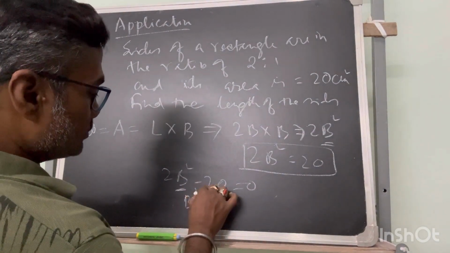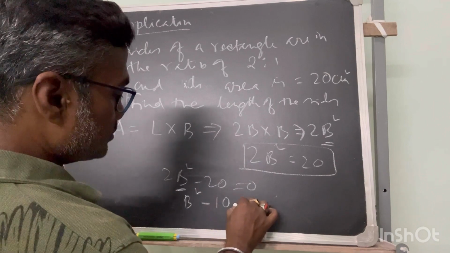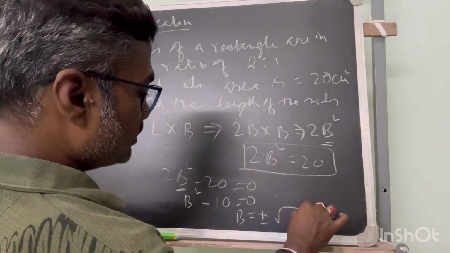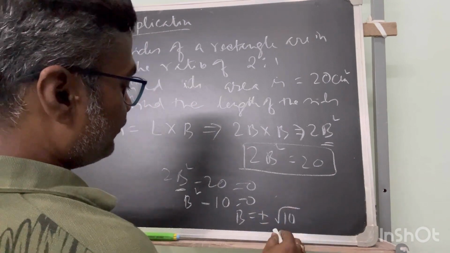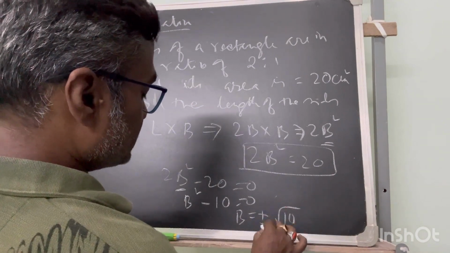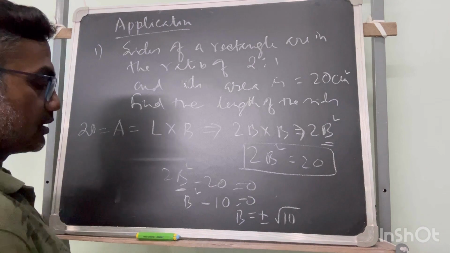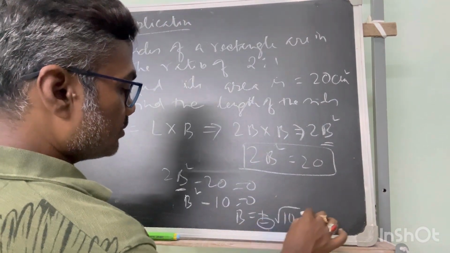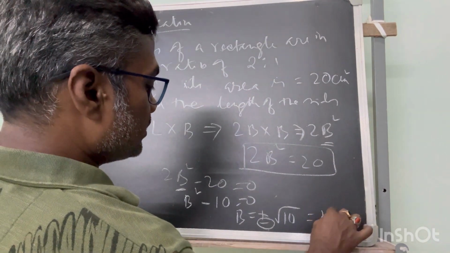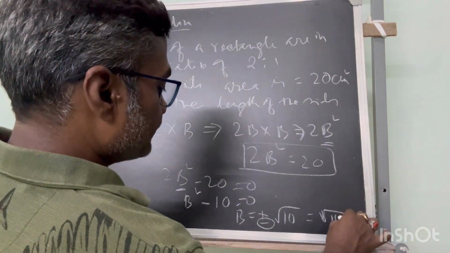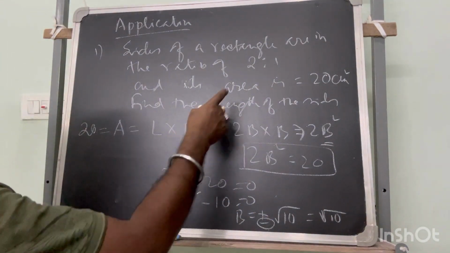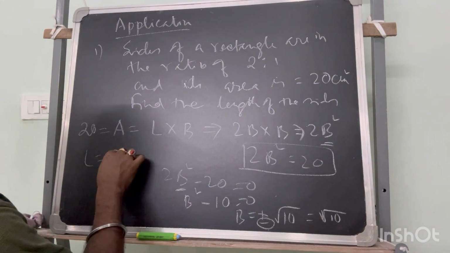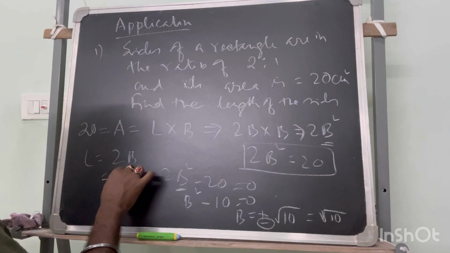If I reduce it, b square minus 10 is equal to 0, so b is equal to plus minus root 10. Any practical length cannot be negative, so I can discard the minus, and I will get only root 10. So b is equal to root 10, and I will get L also. L is equal to 2 into b, that means 2 root 10.